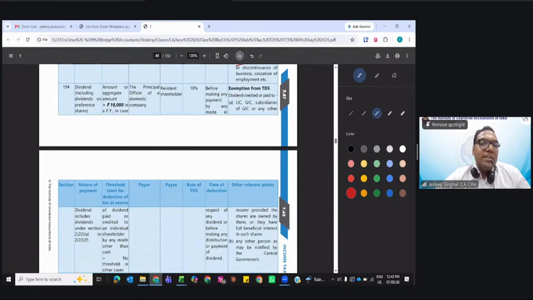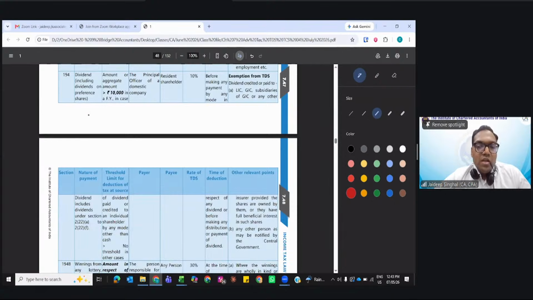Next, dividends including preference shares. If you're getting any dividend, including dividend on preference shares, there is 10% TDS, but only if it exceeds 10,000, which is the limit. Now there are two things about this limit.